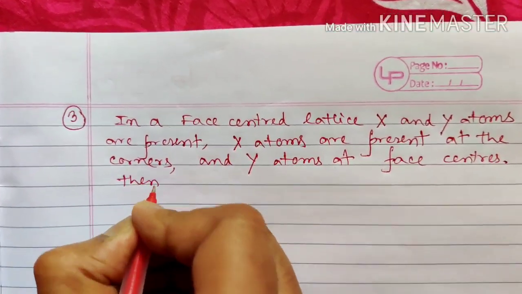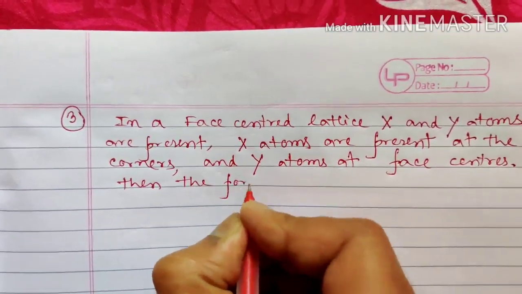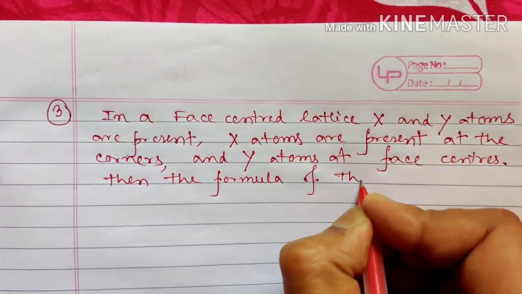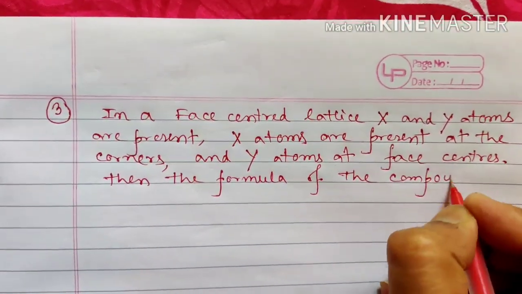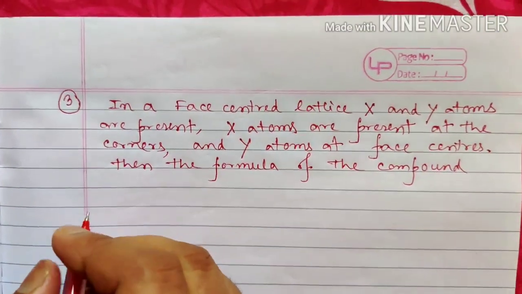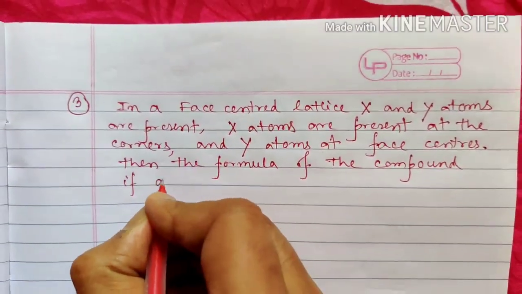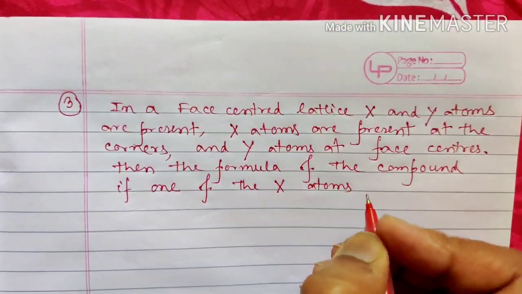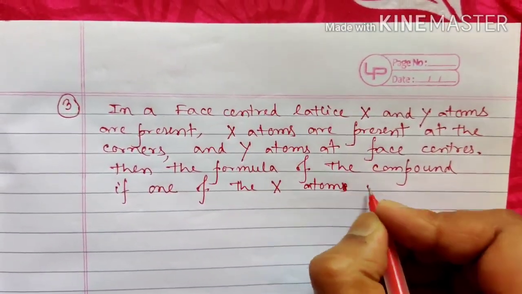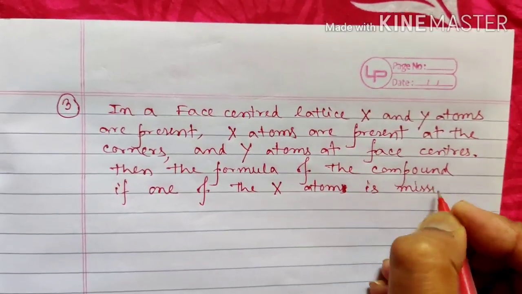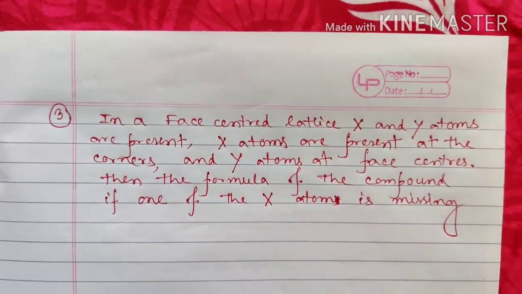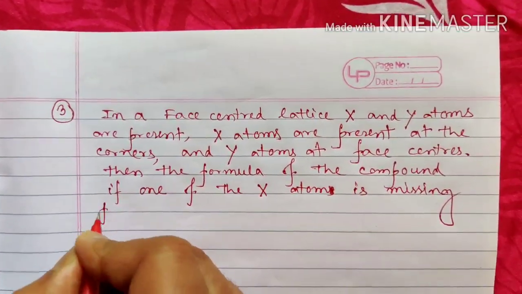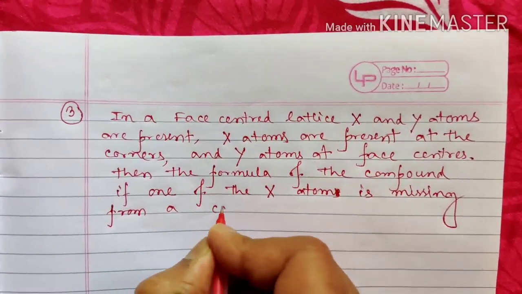Then the formula of the compound if one of the X atoms is missing from a corner.